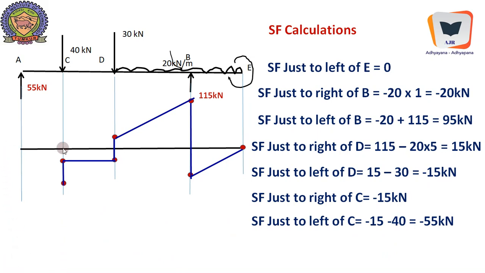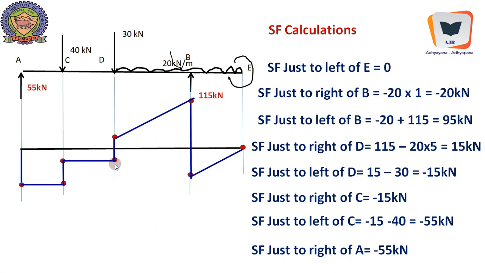And this particular height from here till here, this is minus 15 and this is 40. The total depth from here till here happens to be 55, which is equal to the support reaction. So SF just to the right of A is minus 55. So it is also connected, and this is the shear force diagram: positive portion, negative portion, and negative portion.